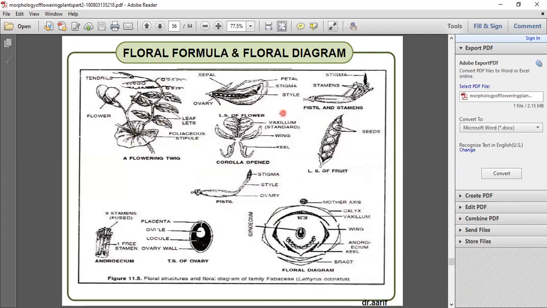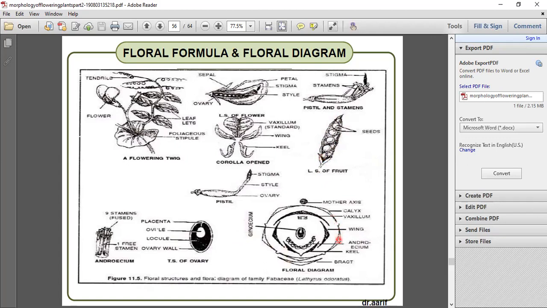Okay. And this is the pistil and stamen. This is the fruit. By looking at the fruit, can you tell me what type of placentation it must be having? Ma'am, marginal.